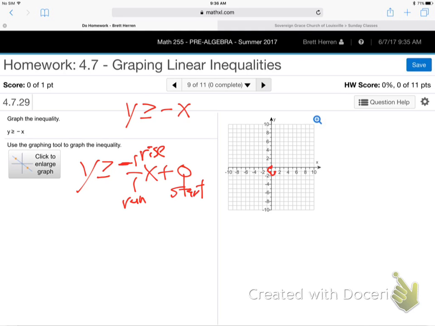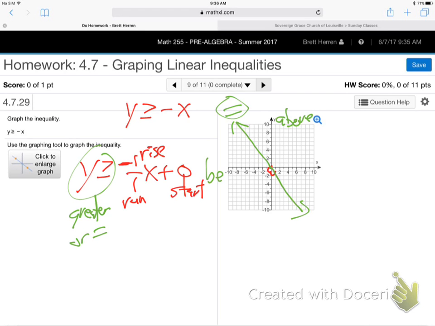Good to there? Solid line or dotted line? Yeah, we have the equals. So it's greater than or equals, so solid line, because that's the equals. Over here is above the line. Over here is below the line. So which side are we shading? Above the line. Shade above the line.